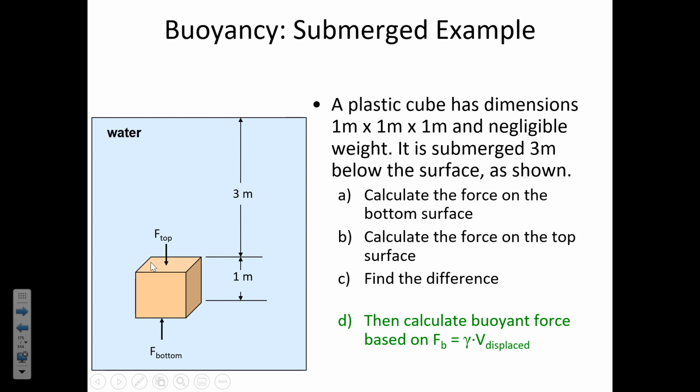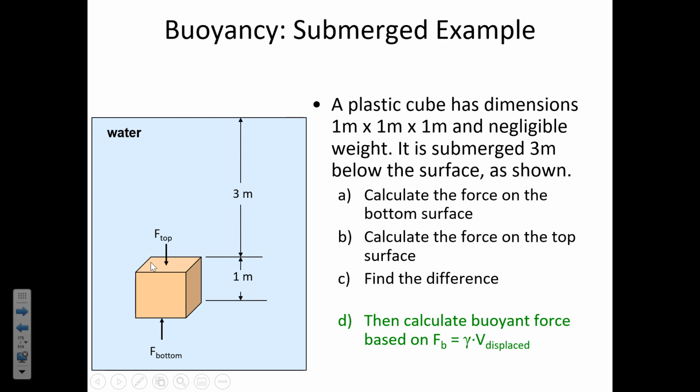And then the area of the top, it's a 1 by 1 area, so 1 meter squared. So the force that's acting on the top, if we multiply those things together, is 29,430 newtons. And that force is acting downward.